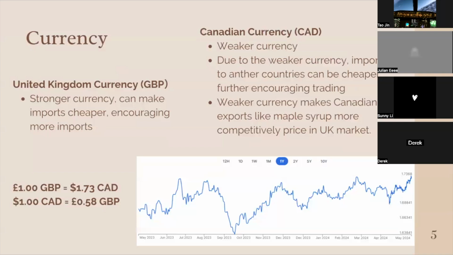The weaker currency also makes Canadian exports like maple syrup more competitively priced in the UK market. The conversion of the currency for now is £1 for $1.73 CAD and $1 CAD to 0.58 GBP.